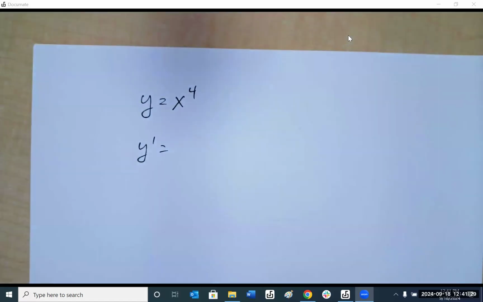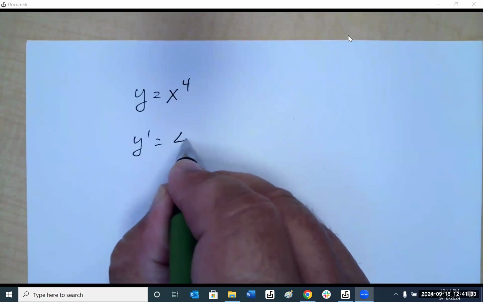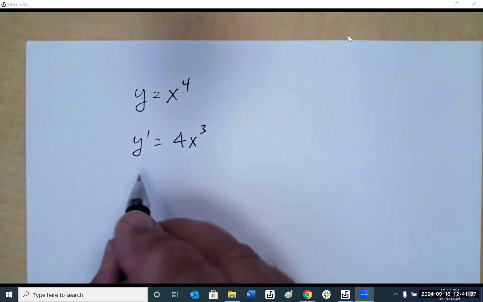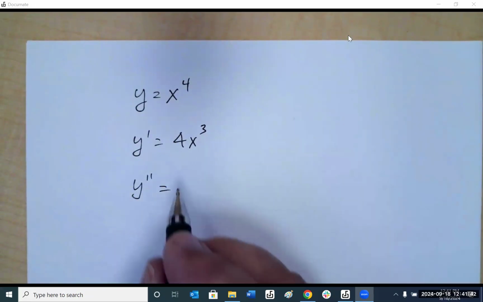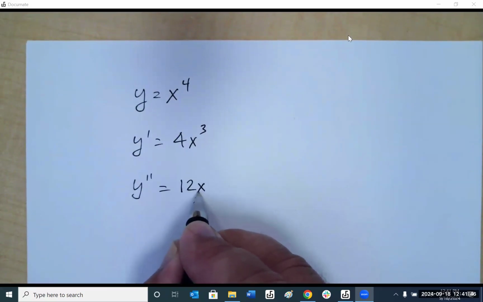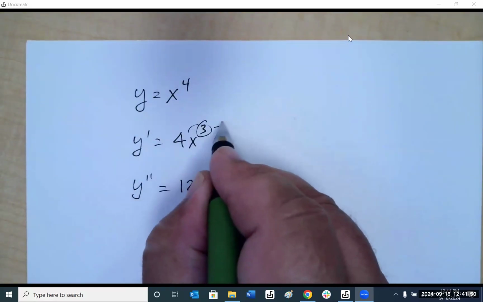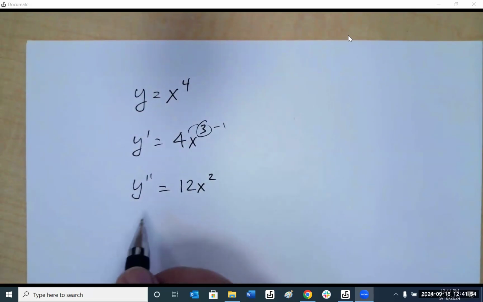What's the first derivative? Okay, let's look at the second derivative. Remember, bring the power down, subtract one. It's the same rule over and over and over. Just repeat the process. The third derivative.